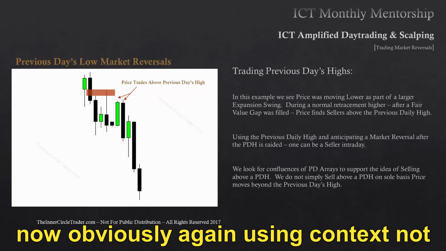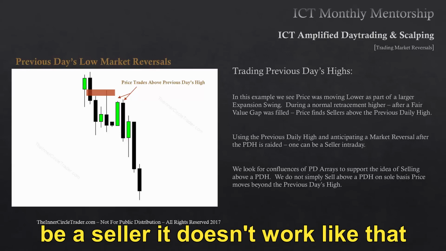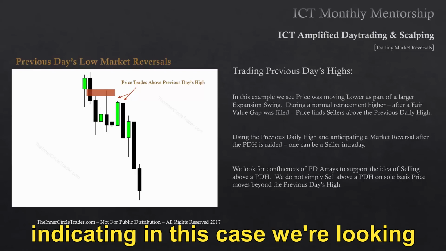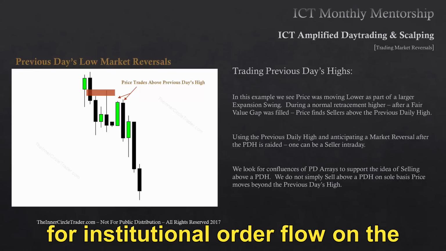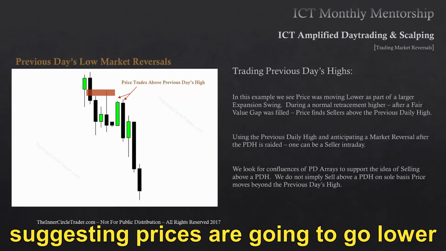Now, obviously, again, using context, not just simply looking at, okay, well, we're above yesterday's high, so I'm going to be a seller. It doesn't work like that. You have to have the understanding of what institutional order flow is indicating. In this case, we're looking for institutional order flow on the weekly, the daily, or 4-hour, suggesting prices are going to go lower.